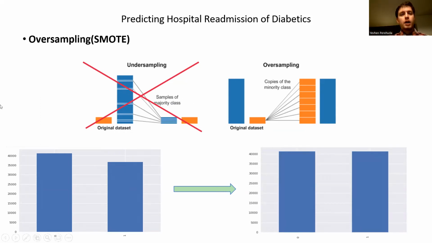So we used oversampling, and you can see the graphs of our class distribution before and after oversampling. Now our classes of being readmitted and not being readmitted are equal.